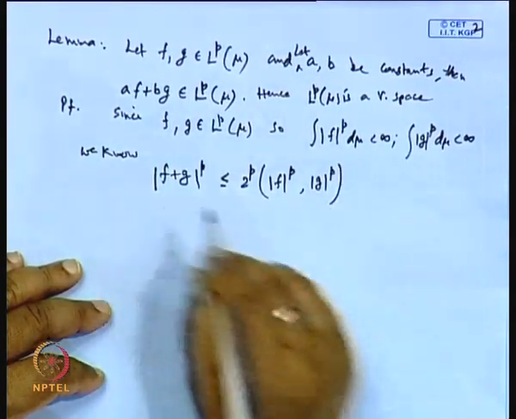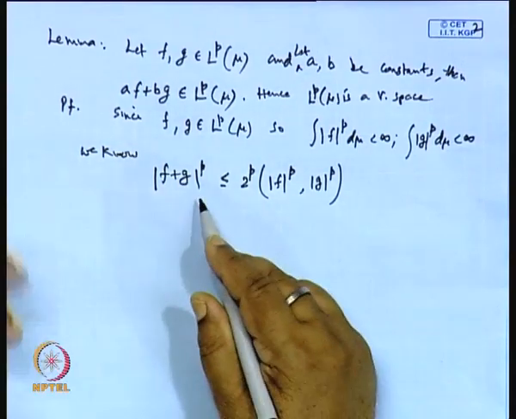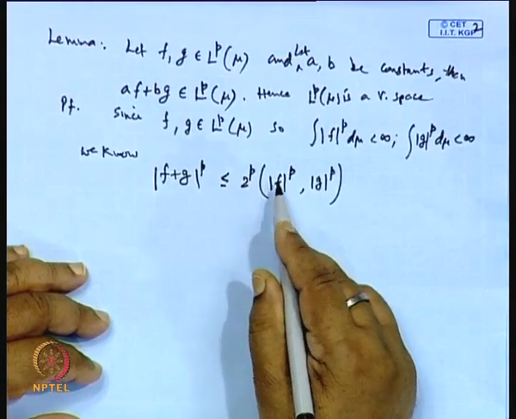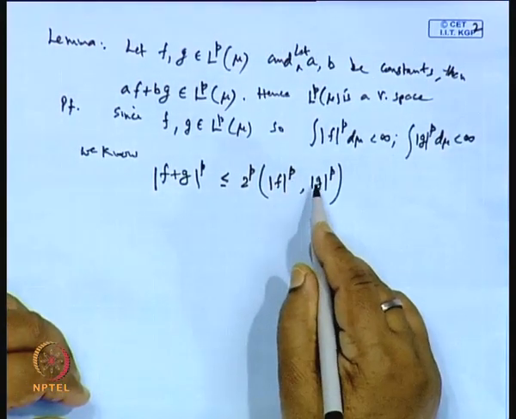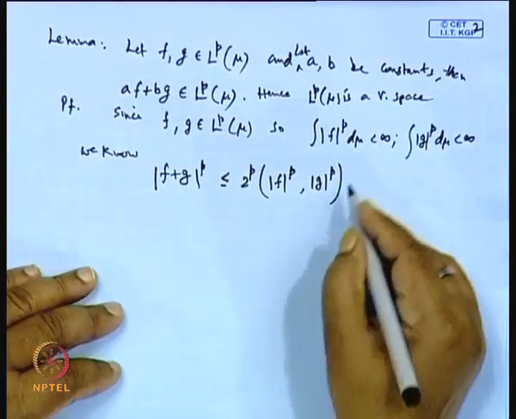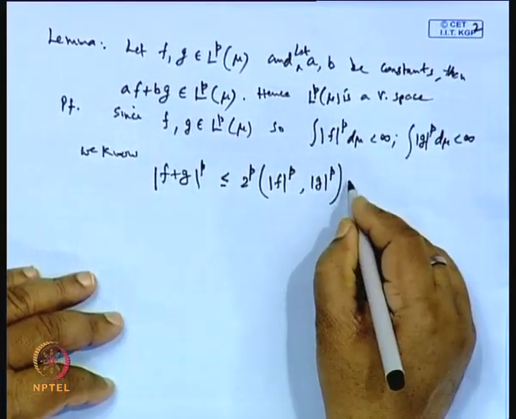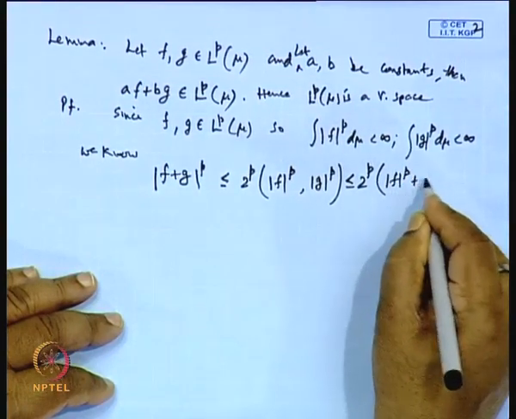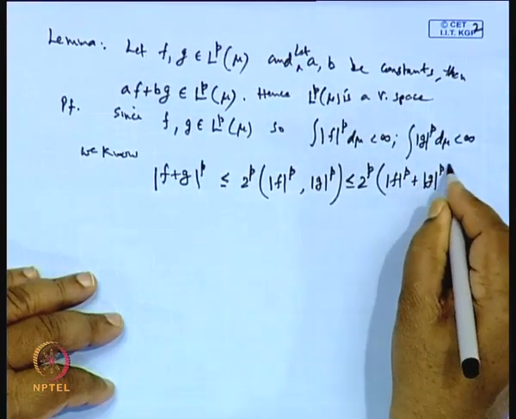In fact, this is valid for any numbers a and b. So, this can be written as (a plus b) to the power p is less than or equal to 2 to the power p times (mod a to the power p plus mod b to the power p), for positive numbers a and b. Which can be further written as less than or equal to 2 to the power p times (mod f to the power p plus mod g to the power p).